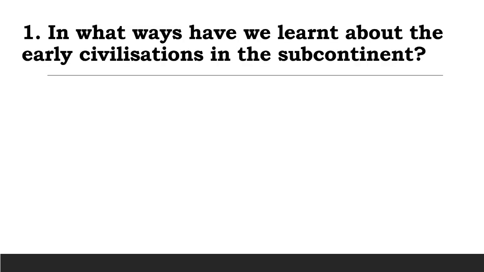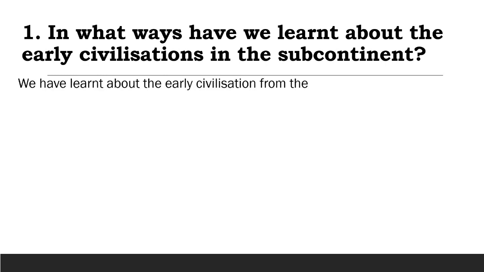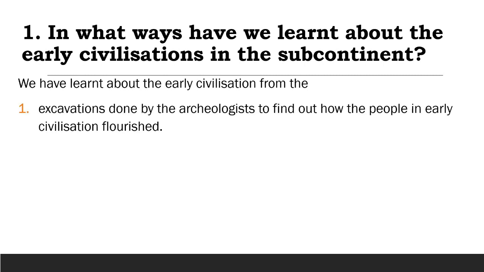Question number 1. In what ways have we learned about the early civilization in the subcontinent? So students, what have you learned about the early civilization in the subcontinent? Very good. We have learned about the early civilization from the excavations done by the archaeologists to find out how the people in the early civilization flourished.